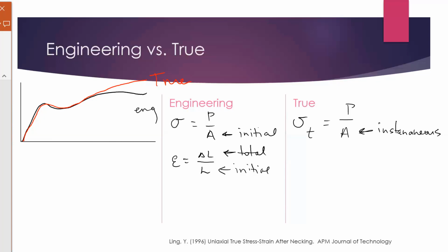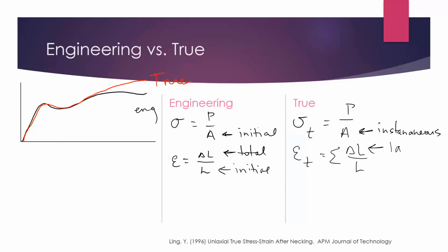Let's also calculate the true strain. True strain is the sum of delta L over L, where the delta L is just the last increment, and L is instantaneous.